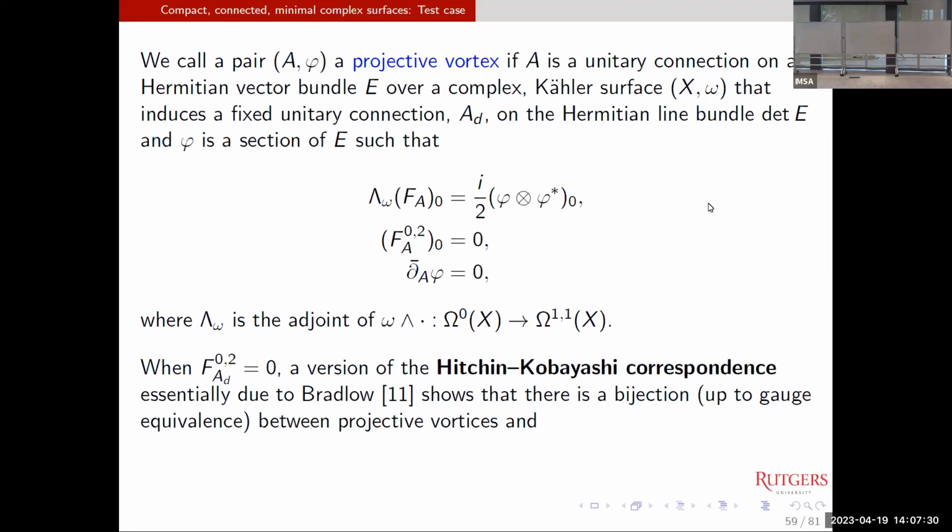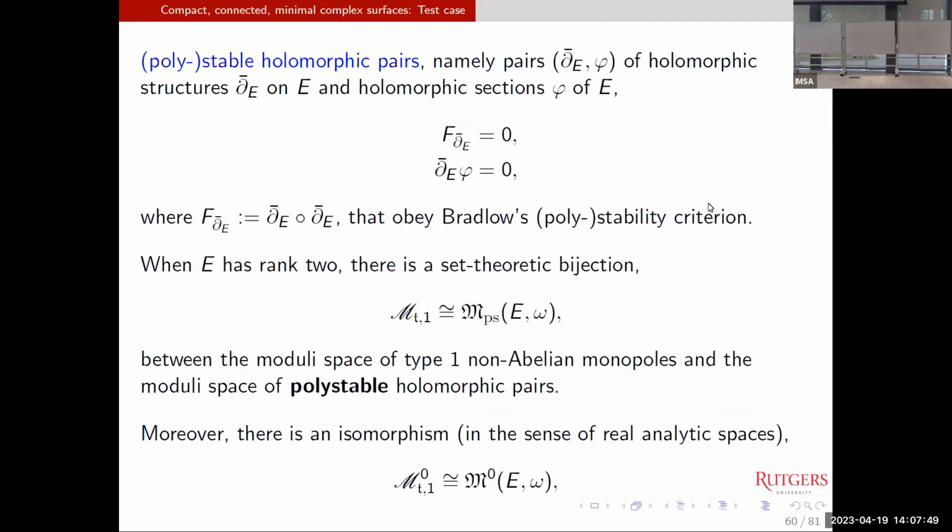But if we assume that it is holomorphic, then there's a version of the Hitchin-Kobayashi correspondence, basically the Bradlow correspondence, that sets up a correspondence between projective vortices and so-called holomorphic pairs. So what are holomorphic pairs?